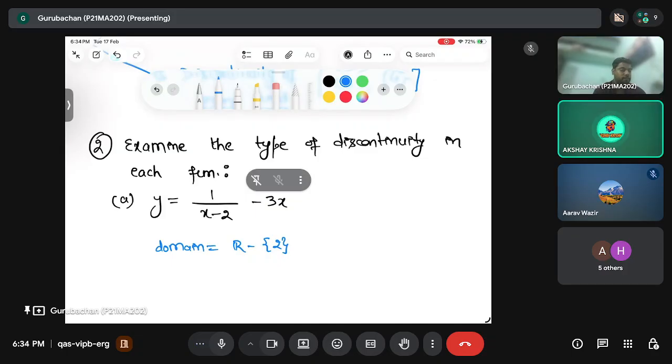No, discontinuous at 2. Can we discuss its continuity at 2? No, sir. The domain does not have it.